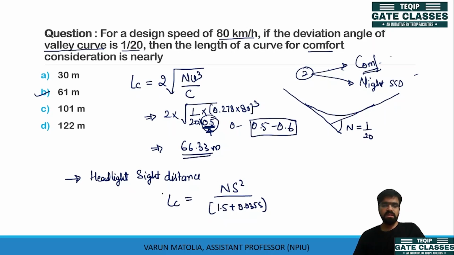So this is the formula when length of curve is more than your sight distance, or your s value.